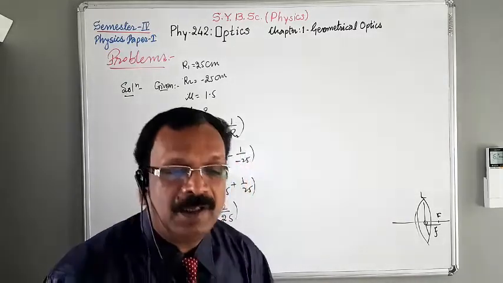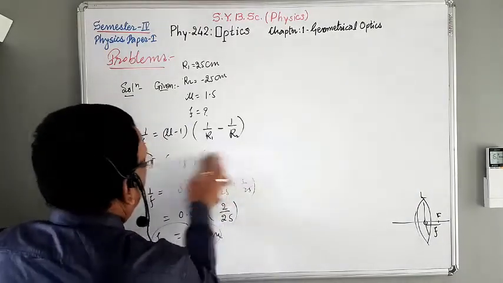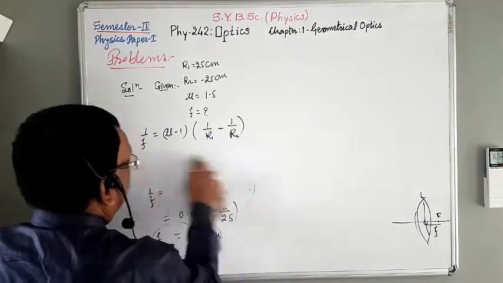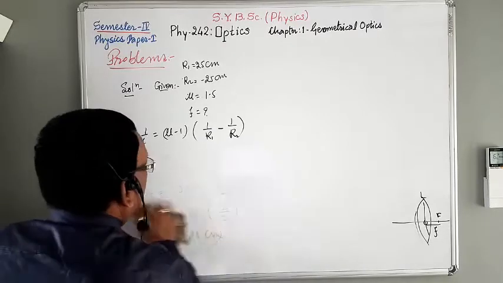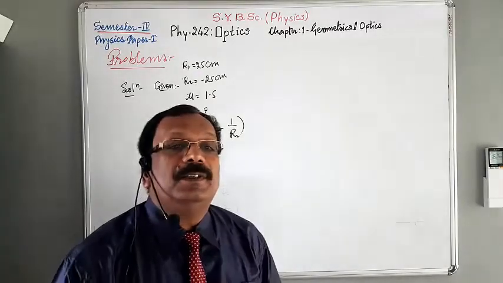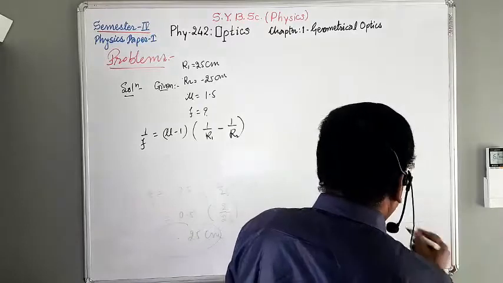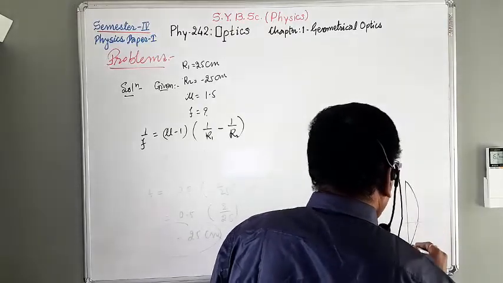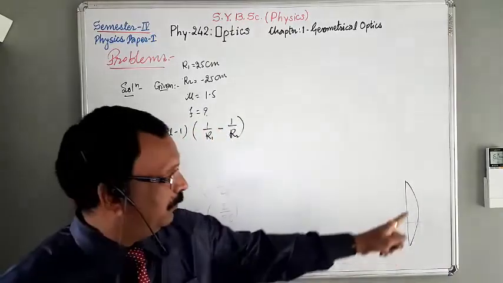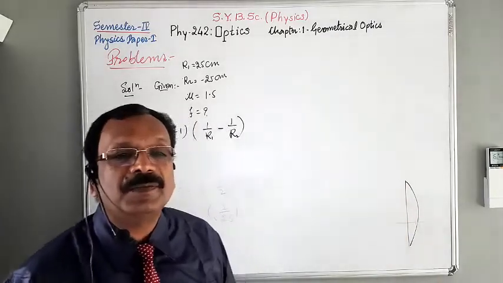Now see one more problem in the same way. In the next problem we have to calculate the focal length of a plano convex lens. Instead of biconvex, the focal length of a plano convex lens, whose one surface is plane while the other surface is convex.